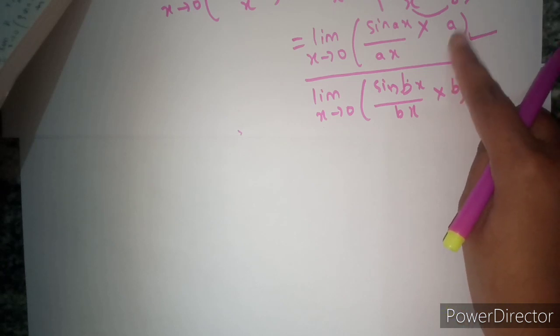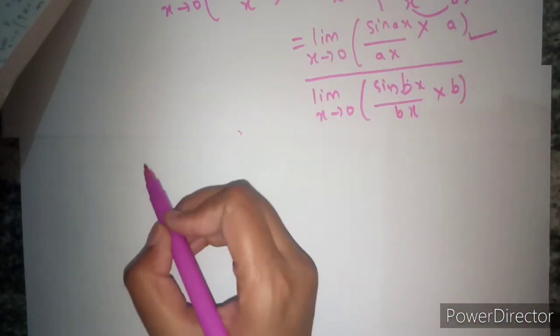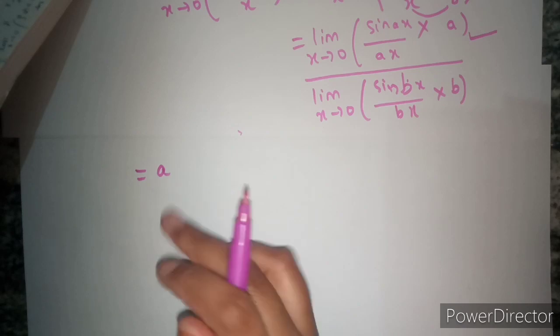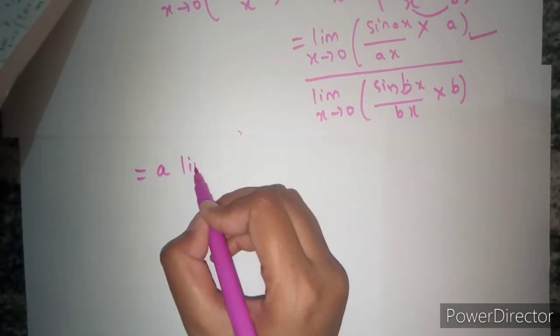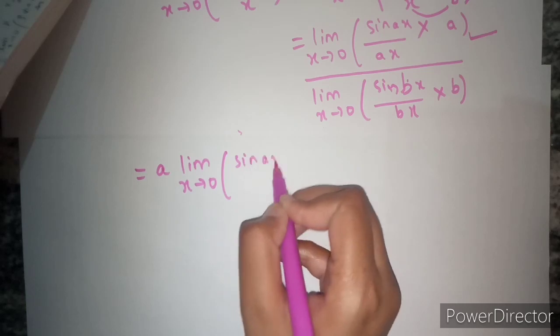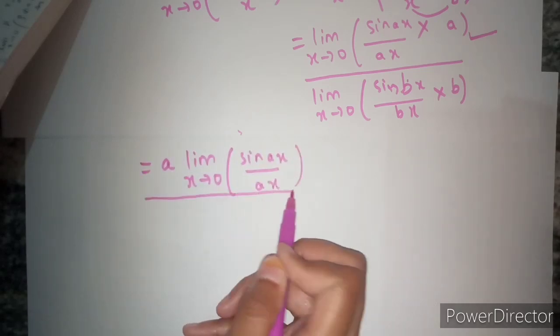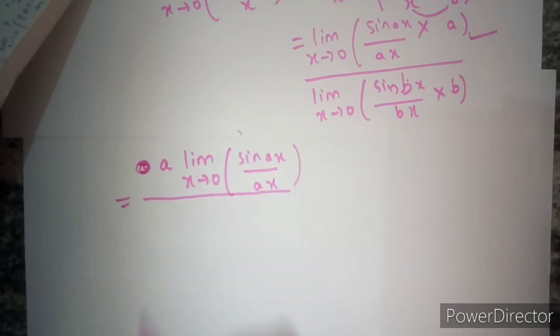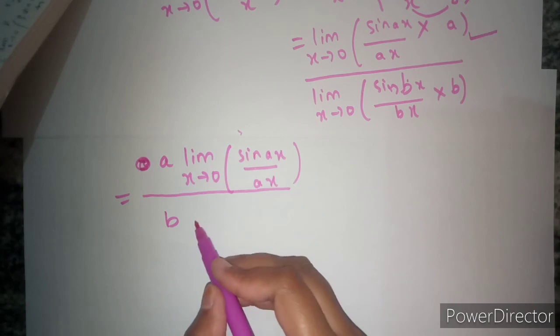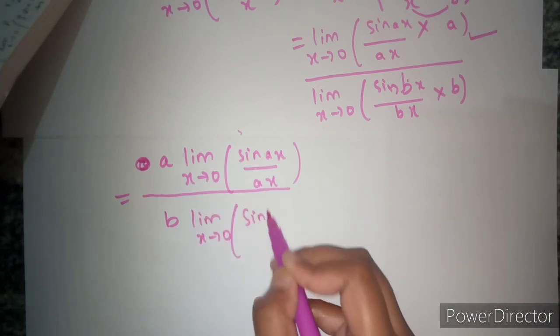Now what we have to do? We have to take a outside and b outside. Okay. I am taking a outside and applying limit x tends to 0, sin ax by ax, divided by, put an equal sign here. Now take b outside and apply limit x tends to 0, sin bx by bx.